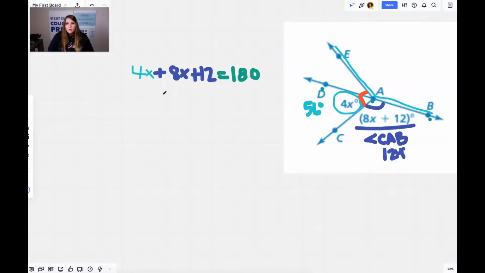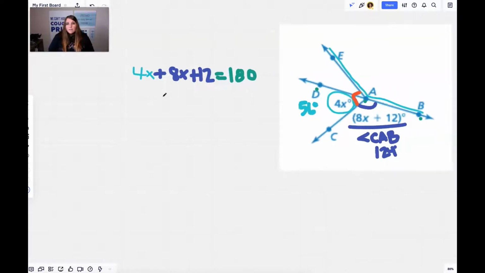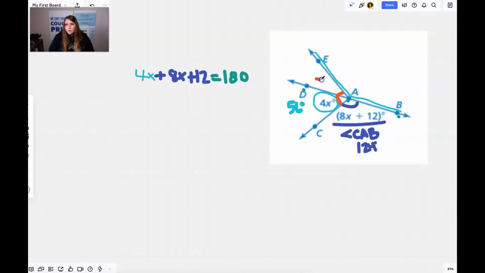So now let's use a different letter. I'm going to use Y because we don't know what this one is. And we don't want to use X, because X was found to be 14 and it might not be 14.